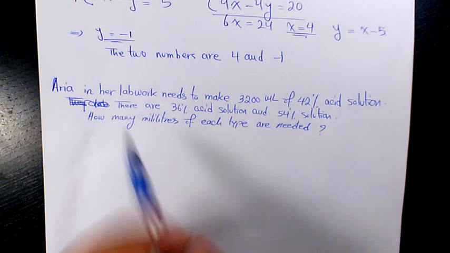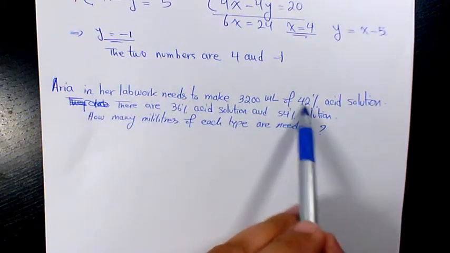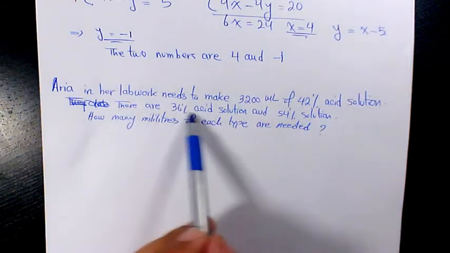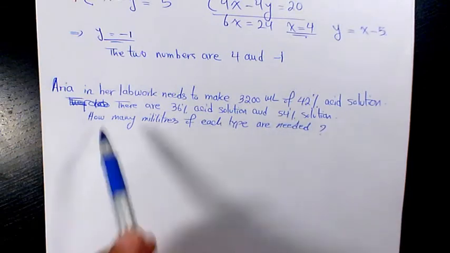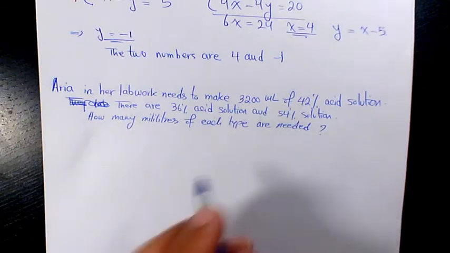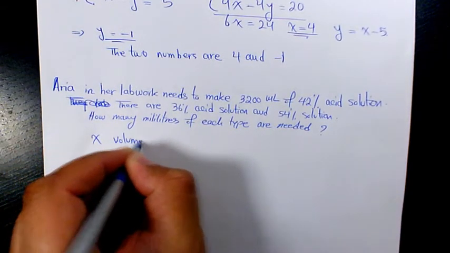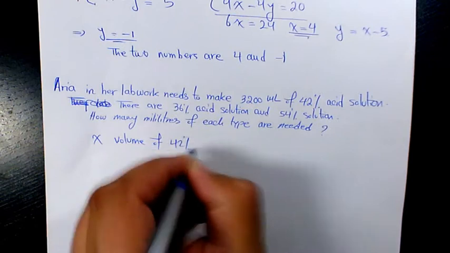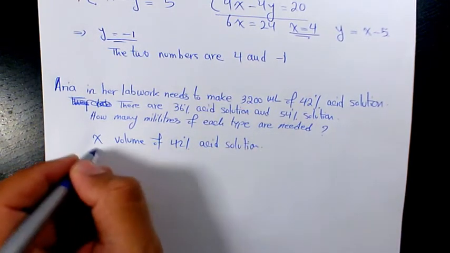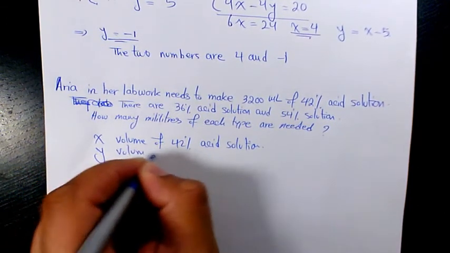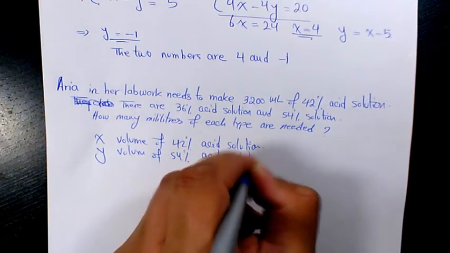Next one. Arya in her lab work needs to make 3,200 milliliters of 42% acid solution. There are 36% acid solution and 54% solution. How many milliliters of each type are needed? So let's say x be the volume of 36% acid solution, and y will be the volume of 54% acid solution.